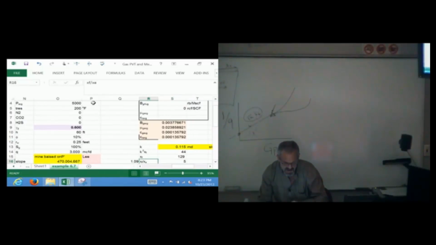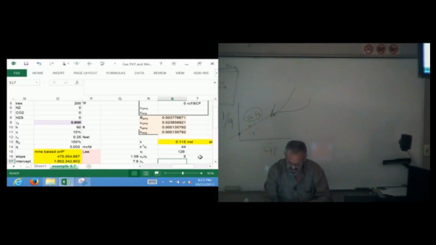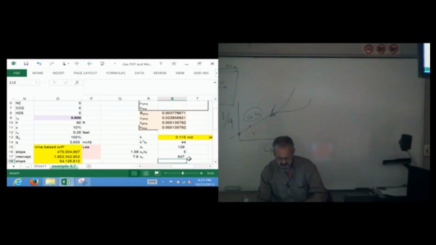I put this in upside down. There we go. So x sub e is x sub e over x sub f times x sub f. So my x sub e is 5 times 129, 647. My area, just like it says on the type curve.